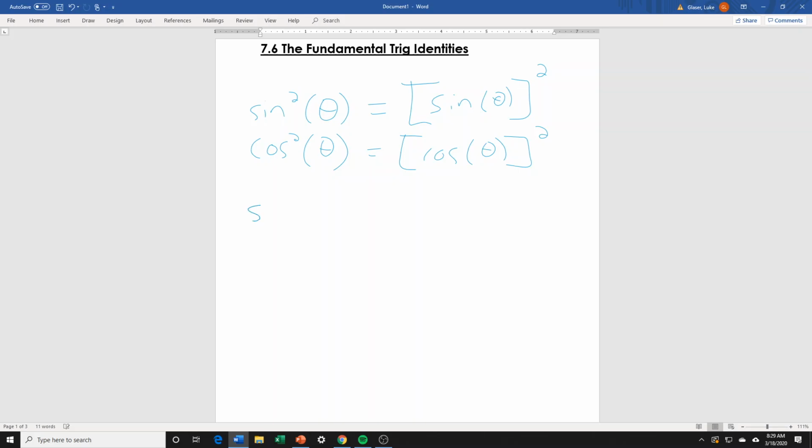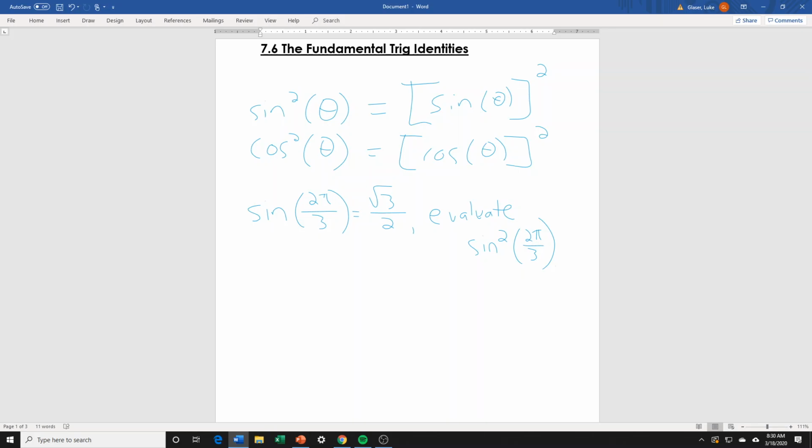If we know that sine of 2 pi over 3 equals root 3 over 2, then what is sine squared of 2 pi over 3? This is going to be our first example, all right?